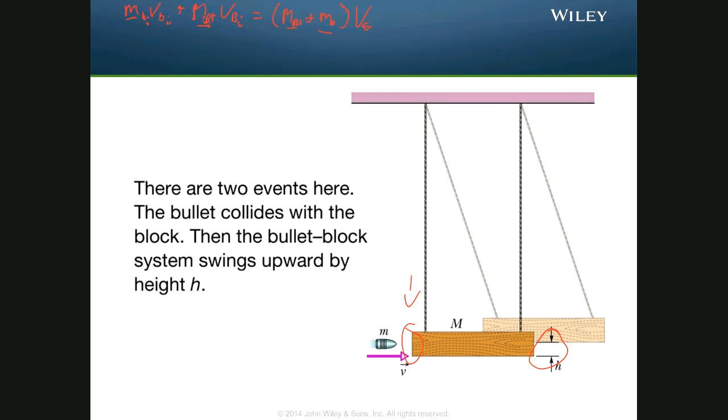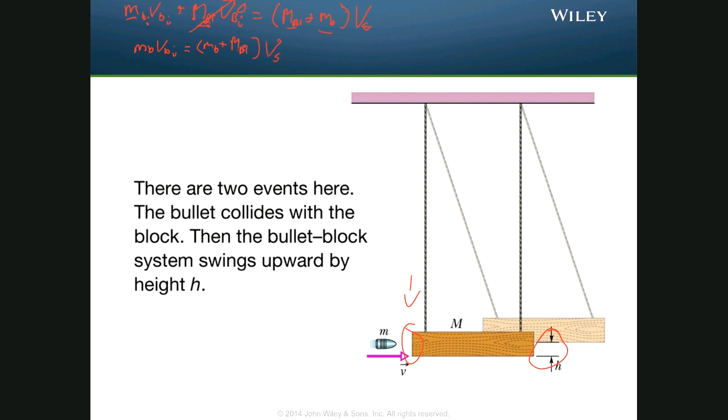But the block is stationary, so this whole term goes to 0. I'm going to be consistent: MB V bullet initial is going to equal MB plus big M BL times V system.